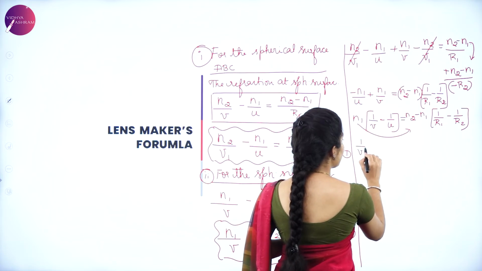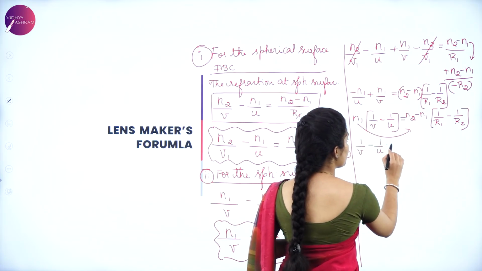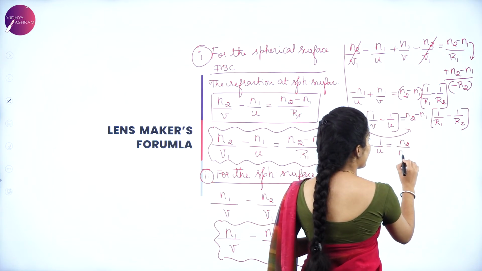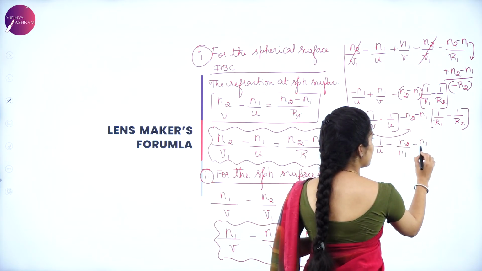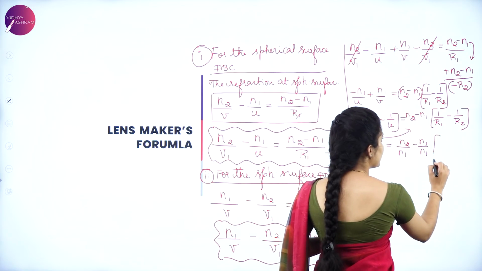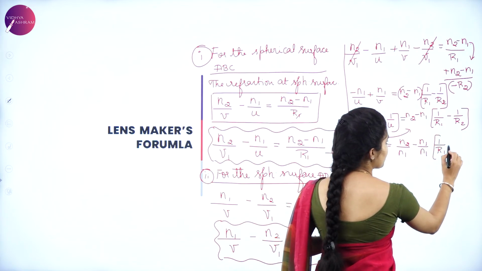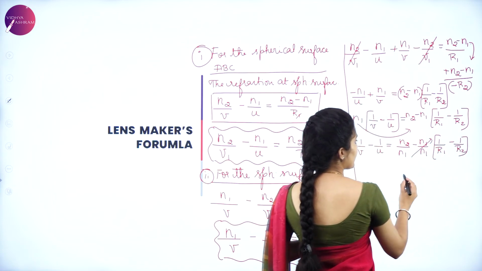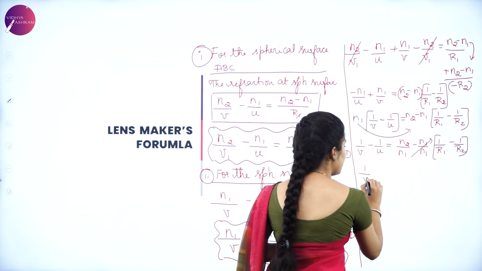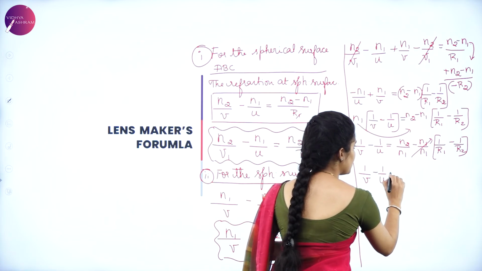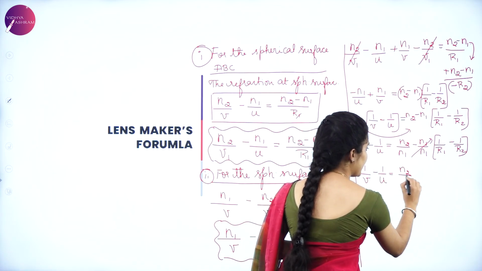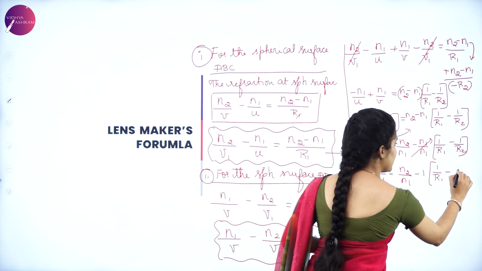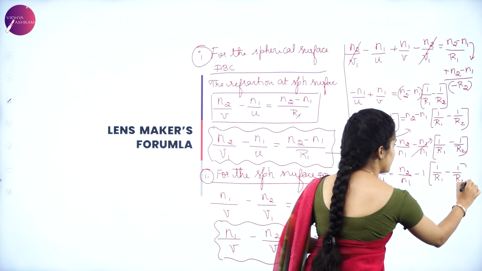So 1 by V minus 1 by U is equal to N2 divided by N1 minus N1 by N1, into 1 by R1 minus 1 by R2. N1 cancels and we get 1 by V minus 1 by U is equal to N2 by N1 minus 1 into 1 by R1 minus 1 by R2.